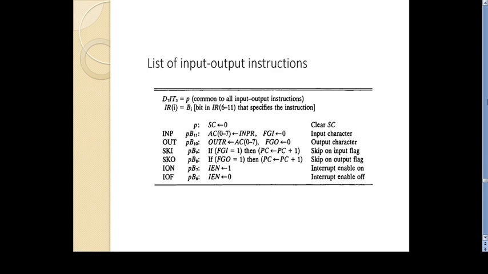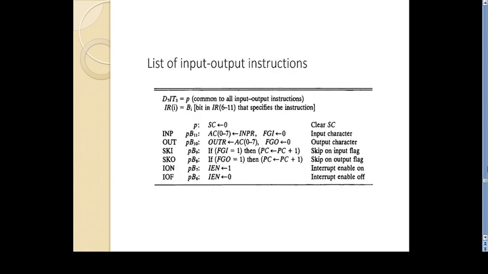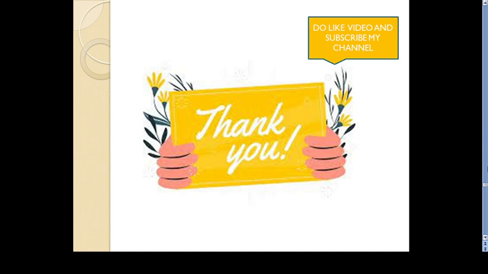IEN is equal to 1 when P B7, or ION, is executed, and the interrupt is off when there is P B6 and IOF. So this is how these input output instructions work. You can see these instructions perform the data transfer in this input output configuration. Thank you for listening to this video.